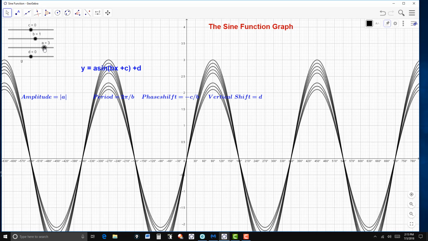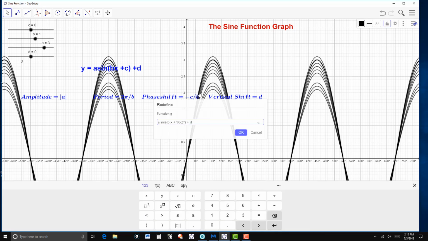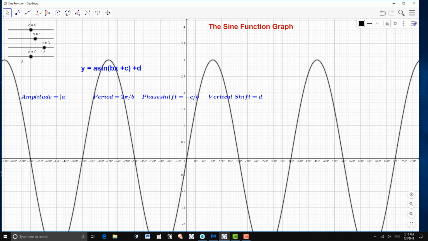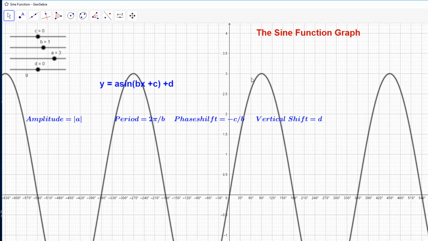Let's go one more, to 3. As I slide this, it changes this. I can click on it here. So you can see now if I set a to be 3, everything stays the same except the amplitude changes.